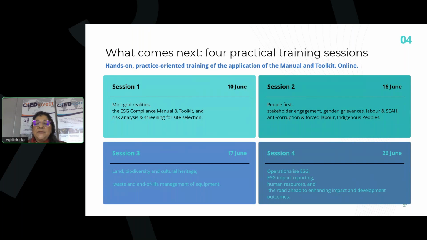So the various tools we have, the approaches to stakeholder engagement, and the focuses which are really important for the sustainability of mini-grids, meaning integrating gender issues, integrating indigenous people issues, and also making sure that labor, health and safety are well addressed, that we are compliant at least with national law, but also ILO standards. Addressing also, in discussion with practitioners, how one can have a practical grievance mechanism.